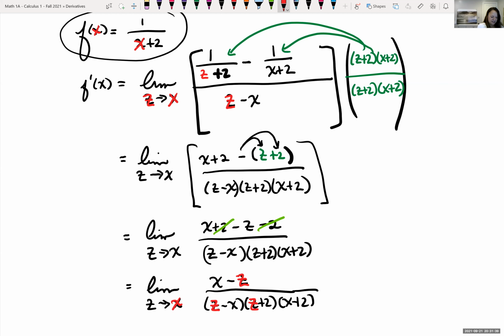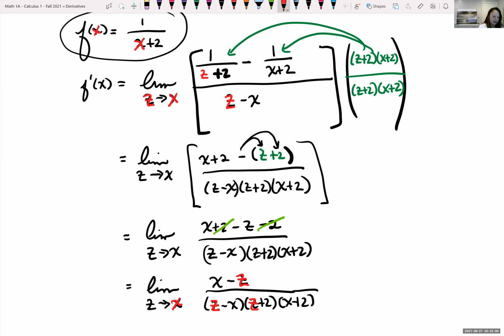And then down here in that denominator, I'm going to have x minus x, which is 0 times some other things. So that's still 0. So notice that our factors are almost identical in the numerator and denominator. We have an x minus z in the numerator, and we have a z minus x in the denominator. So we're off by a factor of -1.